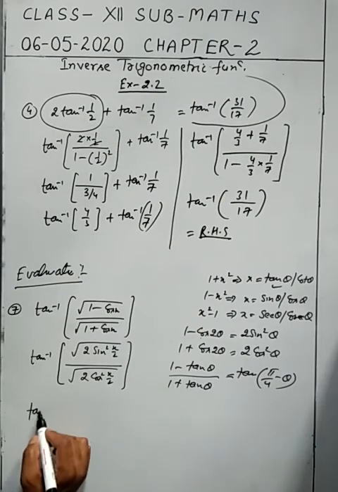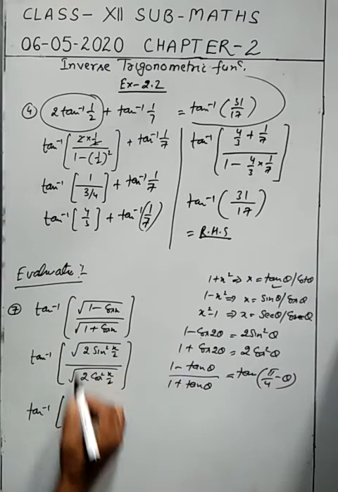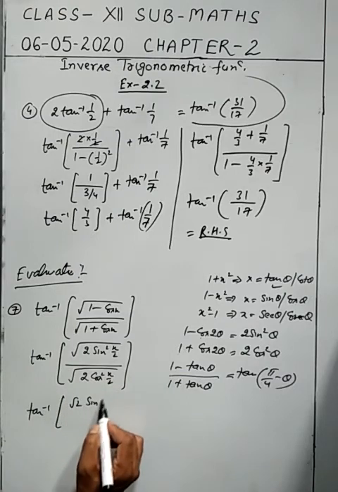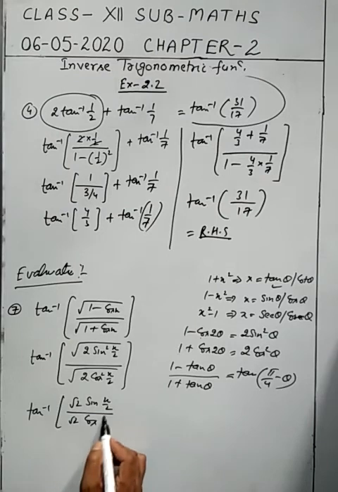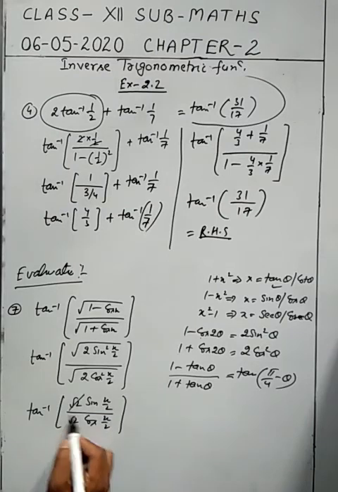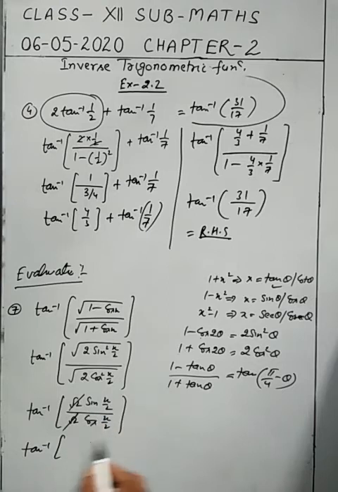On solving, tan inverse of root 2 sin x by 2 upon root 2 cos x by 2. Root 2 cancels. This is tan inverse of sin x by 2 upon cos x by 2, which becomes tan x by 2. The tan inverse cancels with tan. You are left with only x by 2. This is the answer.